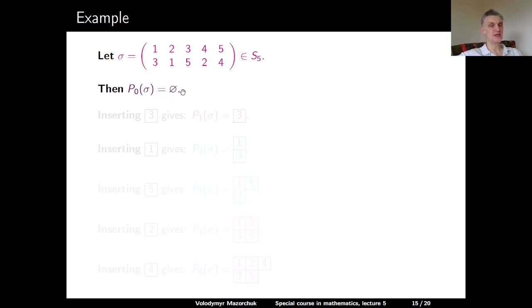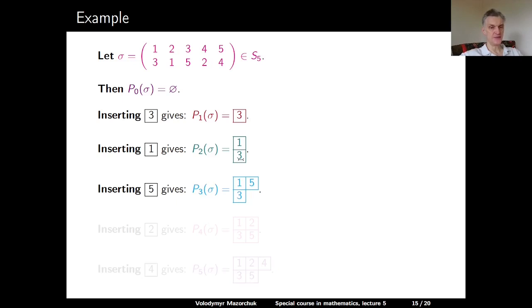Then P0 of sigma is empty. P1 of sigma is obtained by inserting 3 into the empty tableau, so we just get 3. P2 of sigma is obtained by inserting 1 into 3. If we insert 1 into 3, 1 bumps 3, so 3 goes to the second row. And we get the tableau of shape 1, 1 with 1 on top and 3 in the bottom. Next we insert 5.